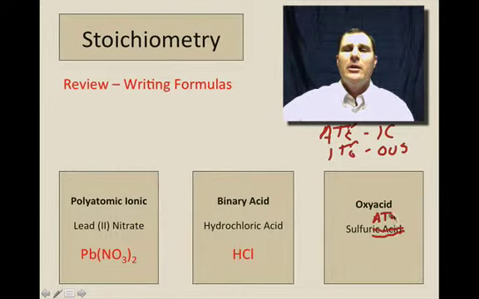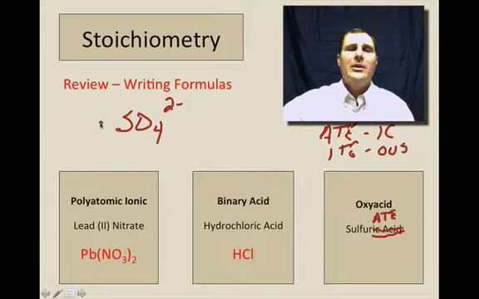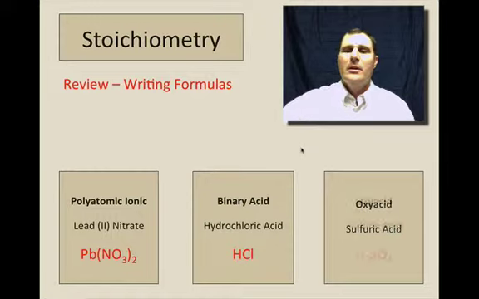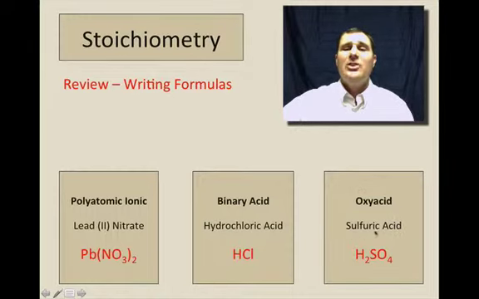So I'm looking for sulfate. Sulfate is SO4, and it's 2-. So it's going to attract 2 hydrogens, and it will look like this, H2SO4. Now, if this was sulfurous acid, the dog bite us, I would look for sulfite, and it would look slightly different.